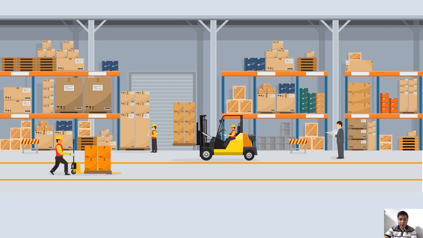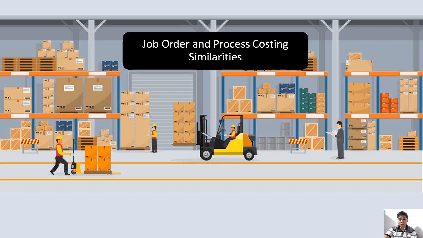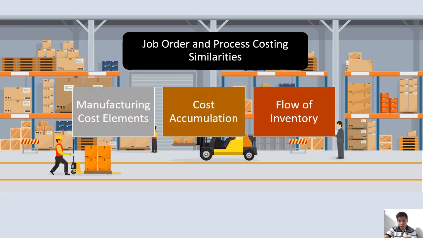Okay, so before we discuss the differences between job order costing and process costing, let's first discuss their similarities. So job order and process costing are similar with regards to the elements of manufacturing cost, the cost accumulation, and also the flow of inventory. As we all know, since we are dealing with a manufacturing firm, yung mga cost na na-incur natin dyan ay parehas lang naman.